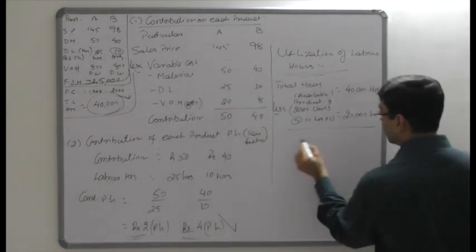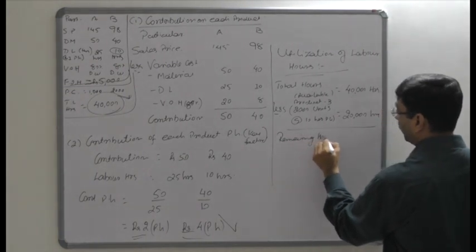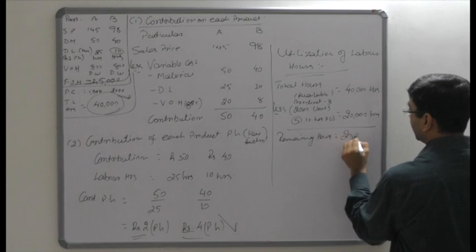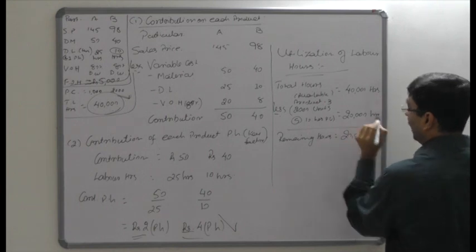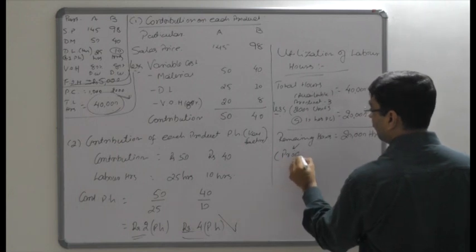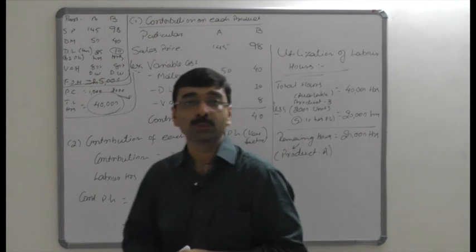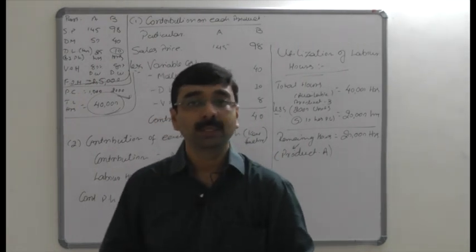So remaining hours are 20,000 hours, and those 20,000 hours will be used for the manufacturing of product A.